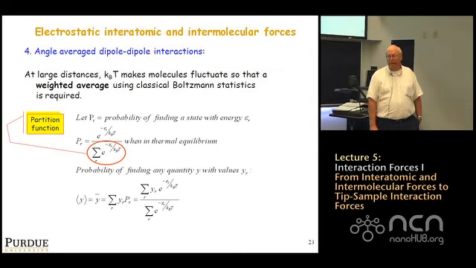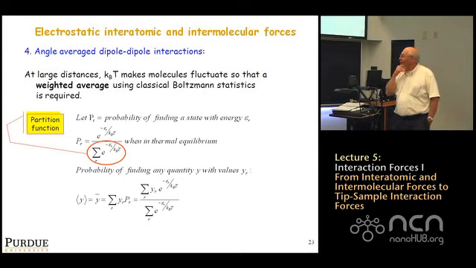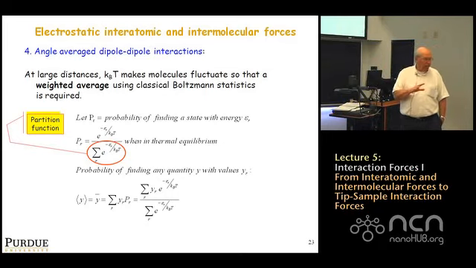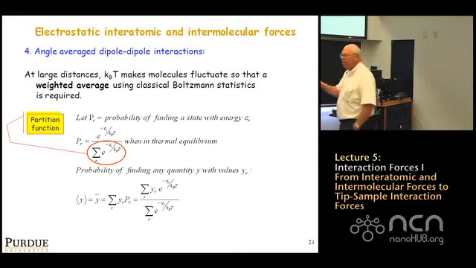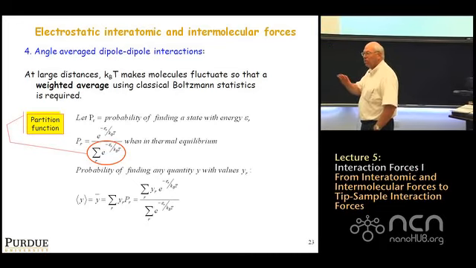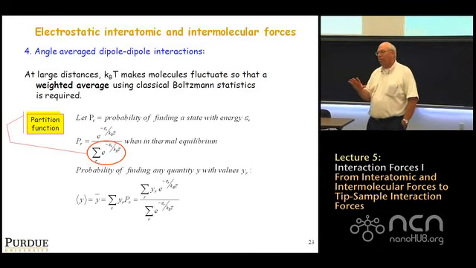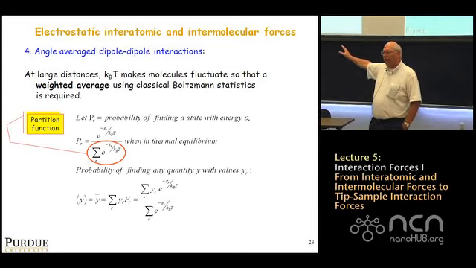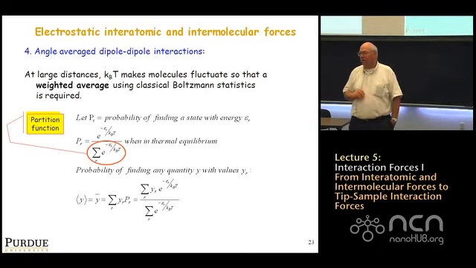Now that quantity in the denominator, if you've studied statistical physics, is referred to as the partition function. You'll always find people in statistical physics trying to calculate that partition function for different systems, because that's the hard thing. You have to know all the possible energy states to calculate the denominator.